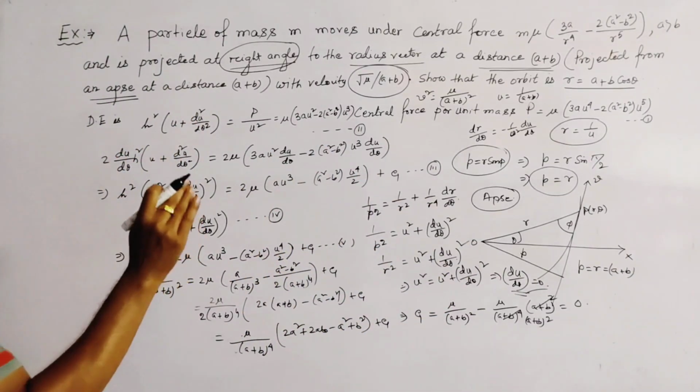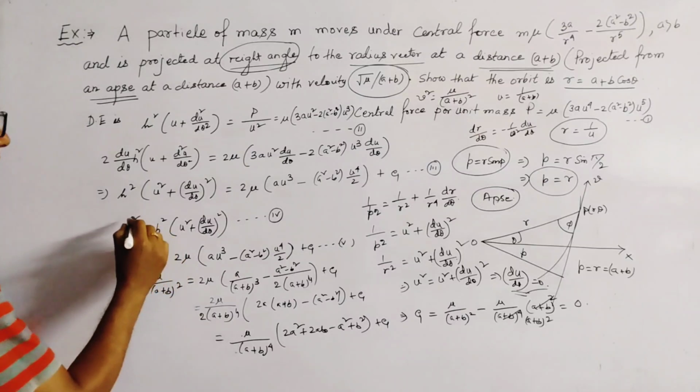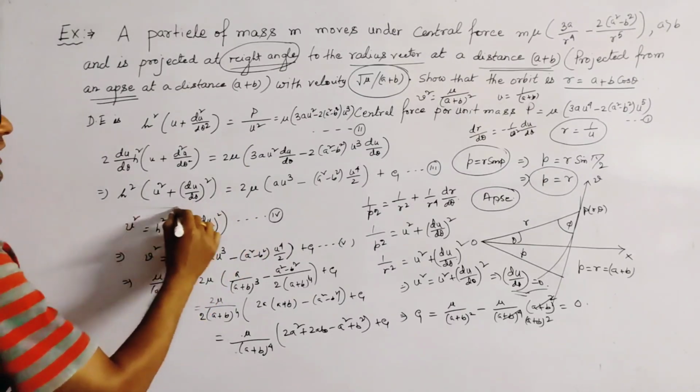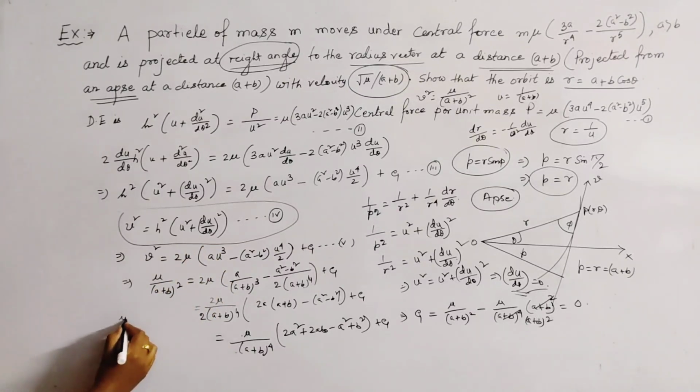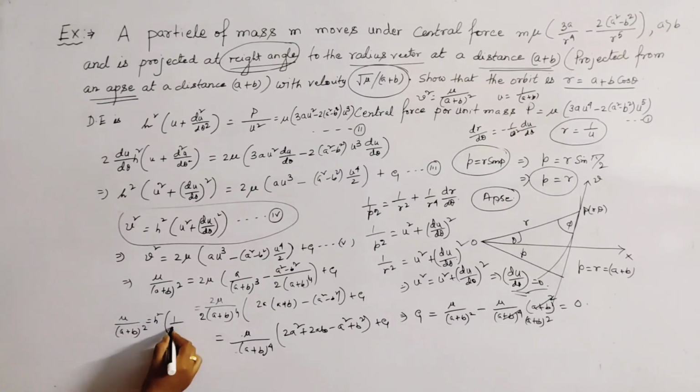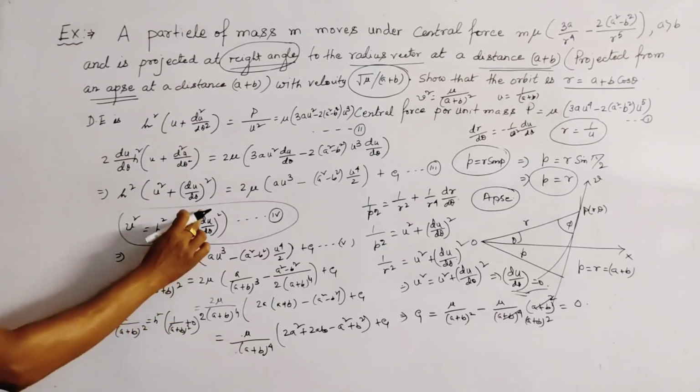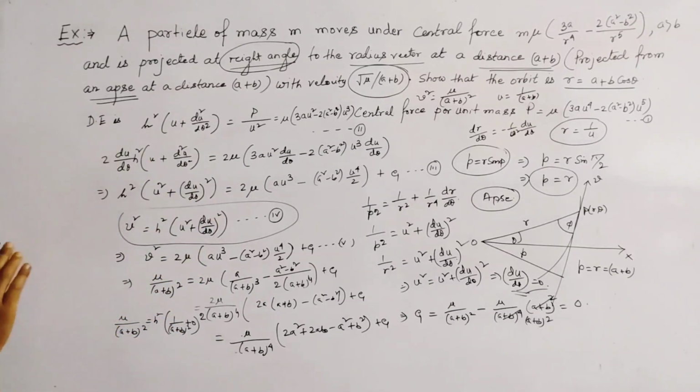Also putting the value of the initial condition in relation number 4, we get mu by a plus b whole square equal to h square into 1 plus a plus beta whole square plus 0, because du d theta is equal to 0 initially, and we get the result h square equal to mu.